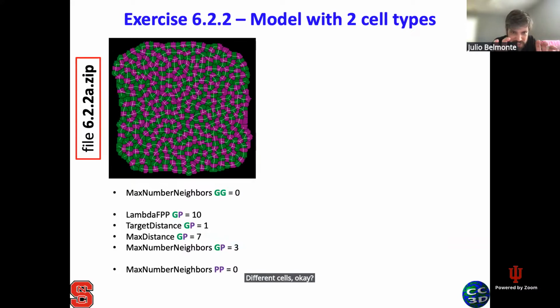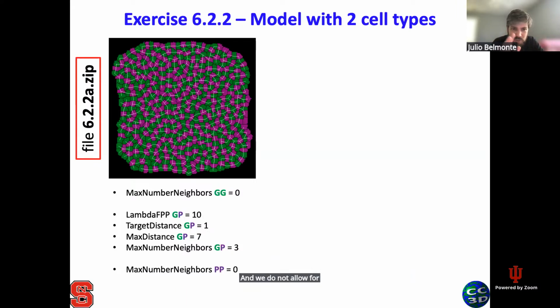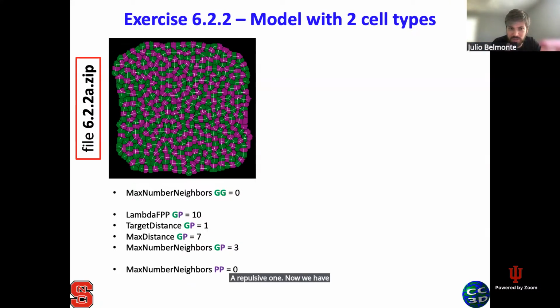Rocio, I can see that you made no interaction between purple and green, you do not allow for any interaction between purple and green. So that's a very different strategy than Clara used. Clara had a very strong interaction of purple and green, but a repulsive one. Now we have a neutral interaction, but I think you can push that a little bit further.